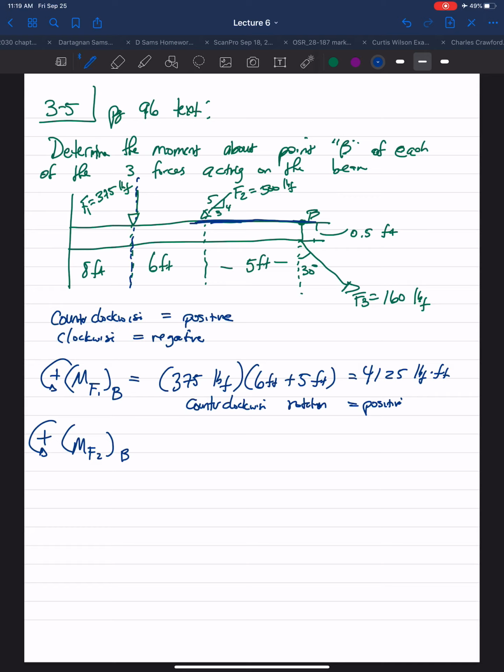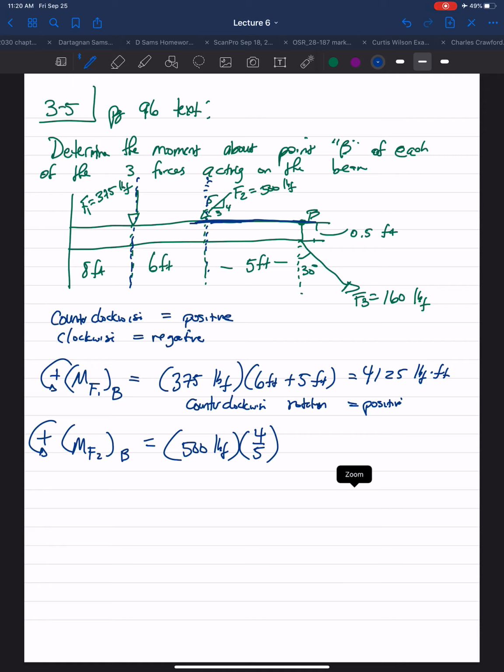The vertical component, this line of action, there is a perpendicular distance between that and point B. So let's write it out. 500 pound force, that's the magnitude of F2. But we want the vertical component, so that's the 4/5 leg of the slope triangle, the 4/5 ratio. It's the vertical component. So now we have the vertical component of F2.